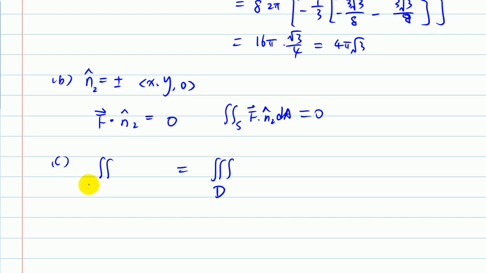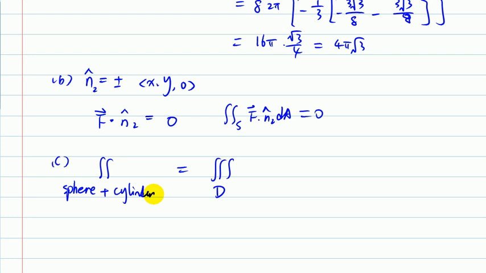So here, what's my closed surface? The closed surface is composed of the spherical surface plus the cylinder.